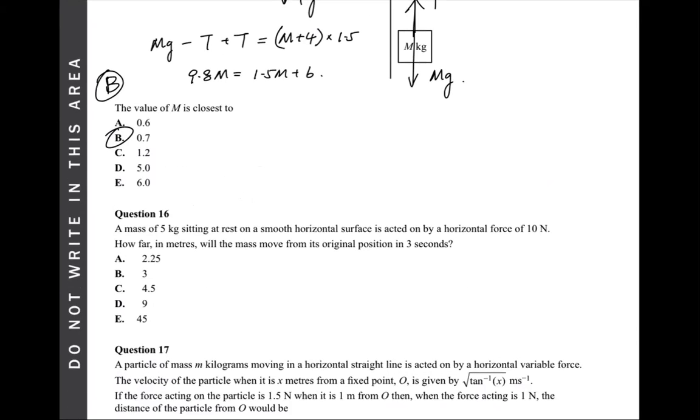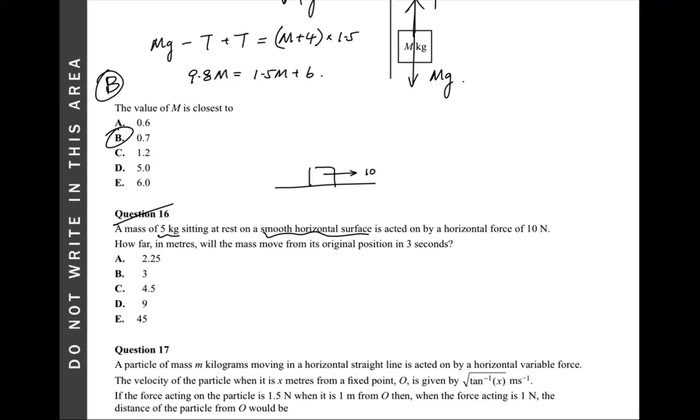All right, another mechanics question. But it's actually related to SUVAT. If the examiners were setting up some sort of question, they should directly tell you the acceleration, because now F equals ma is out of the current study design. Anyway, a mass of 5 kilograms sitting at rest on a smooth horizontal surface, so we don't have any frictional forces.